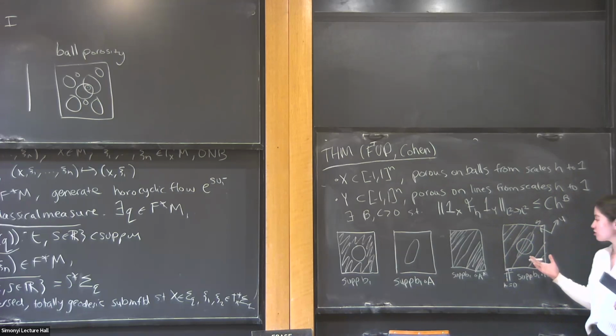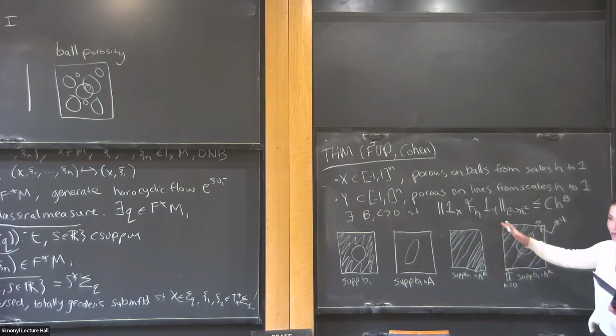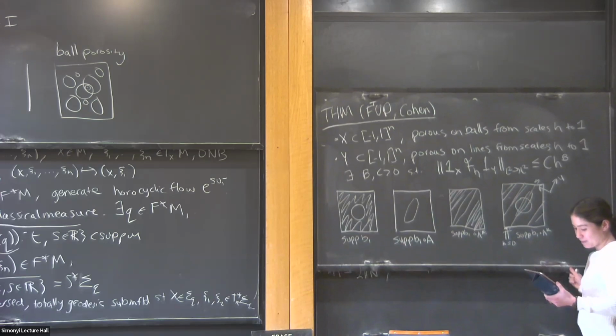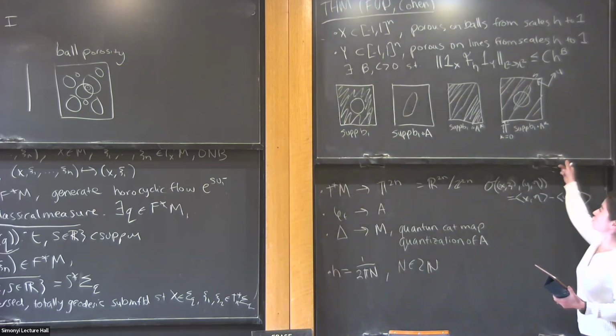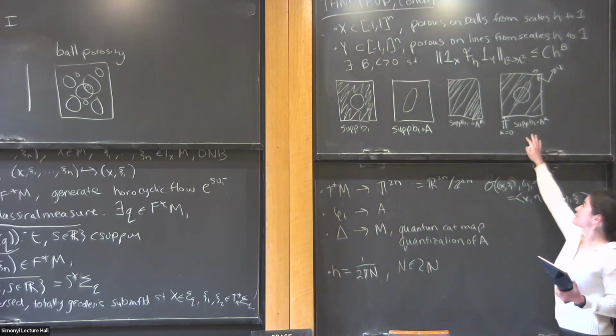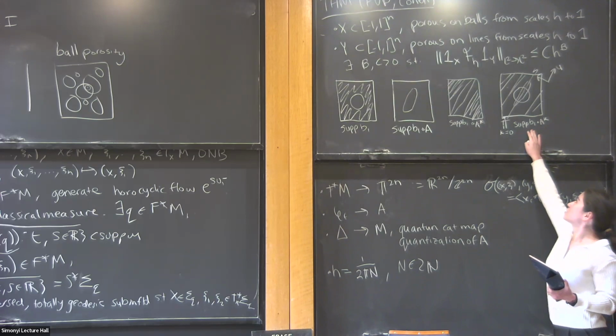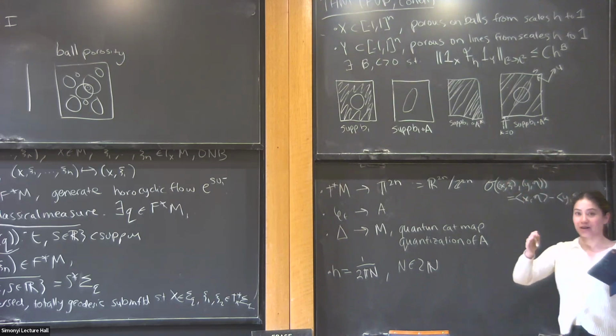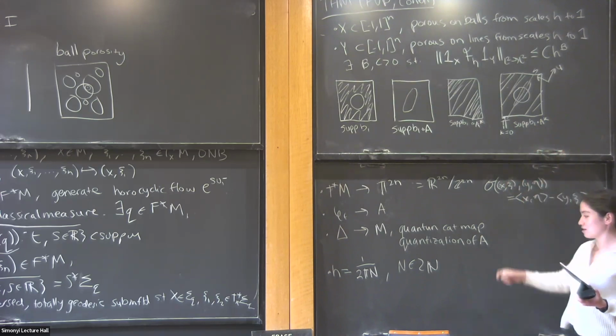Because I can only draw a 2-dimensional picture on the board, here we only have a 1-dimensional porous set, but you can imagine in higher dimensions, we get a higher dimensional porous set. To get porosity, we need to take B1 or B2, compose it with powers of the symplectic matrix, and then take the product of that.